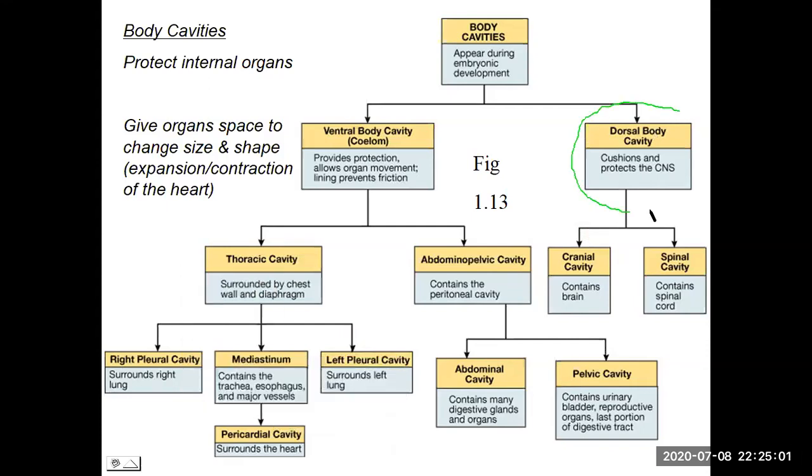So with the dorsal body cavity groupings, again, subdivided into cranial cavity, the location of the brain, superior portion of the skull, and inferior to that, the spinal cavity contained within the vertebrae within the spine. And the major organ in that space is the spinal cord.